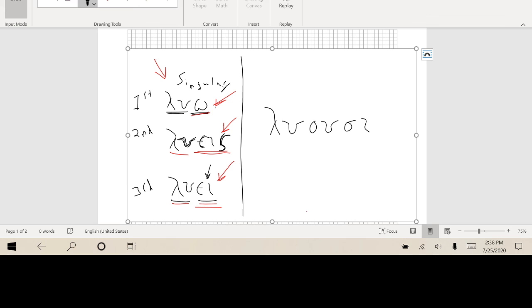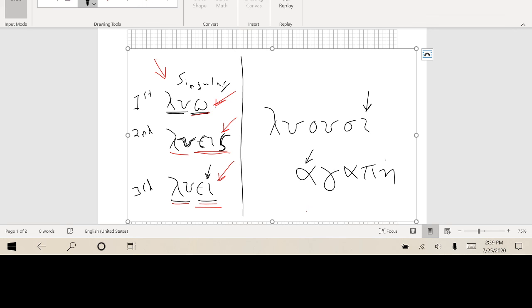And then you have another word, so this would be like they loose, and then the next word is, let's say agape. So there's a vowel here, a vowel here.